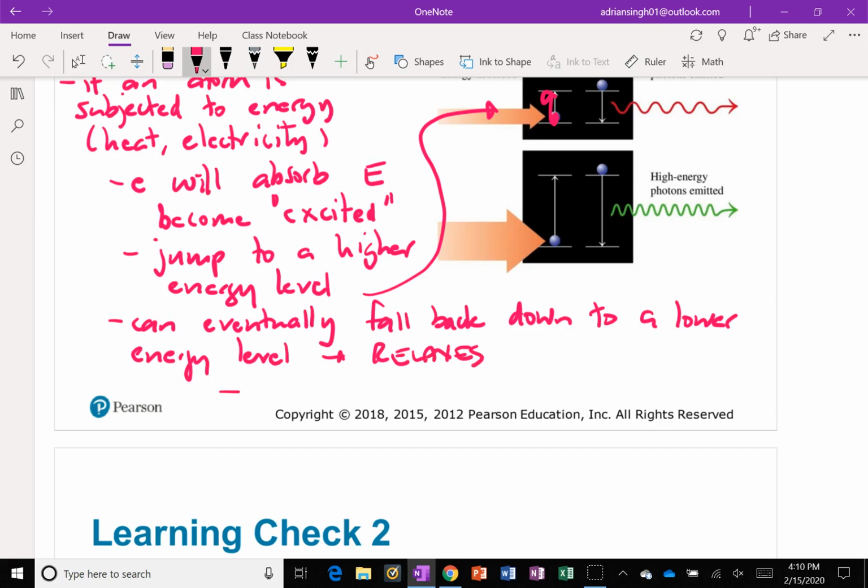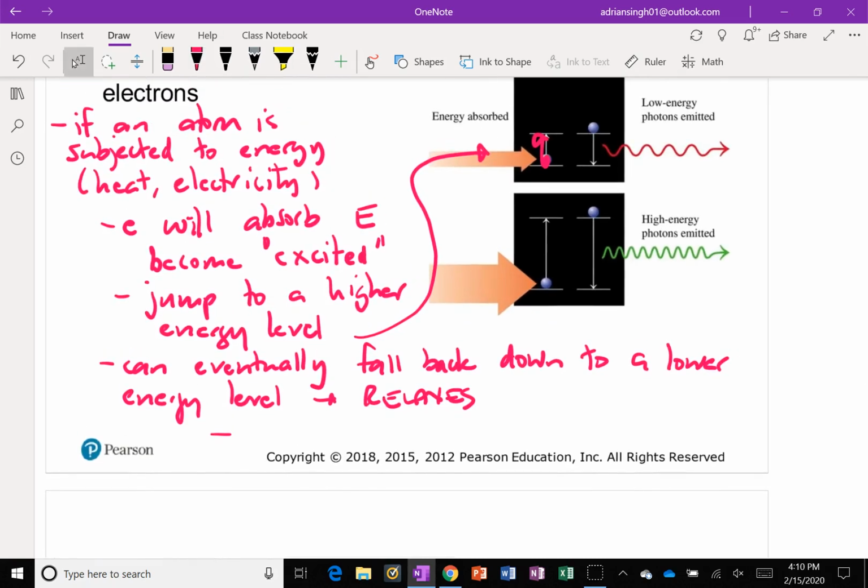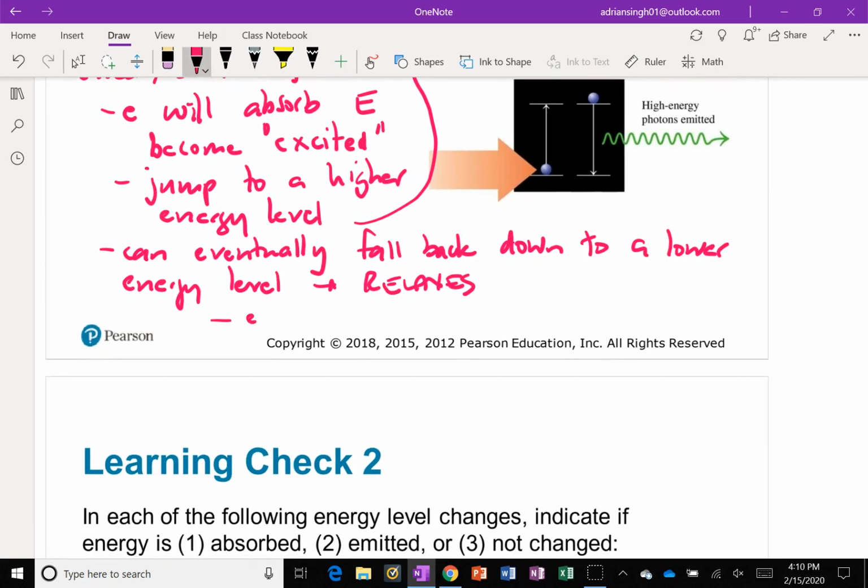And when it goes from a high energy to a lower energy, it is going to give off that energy in the form of light. So energy is released as light.